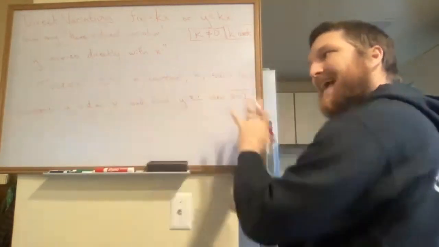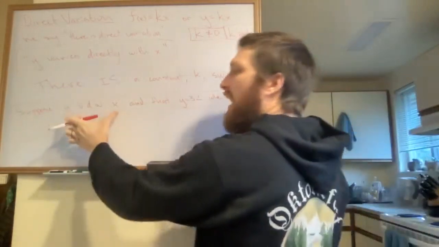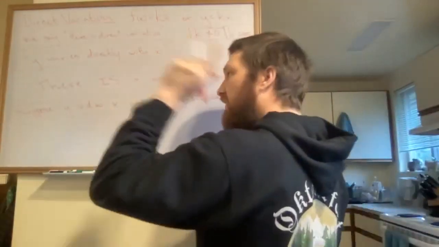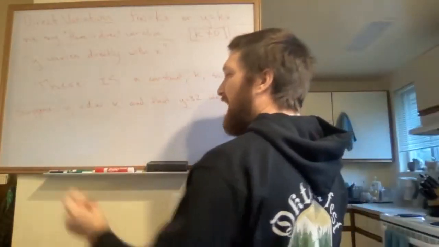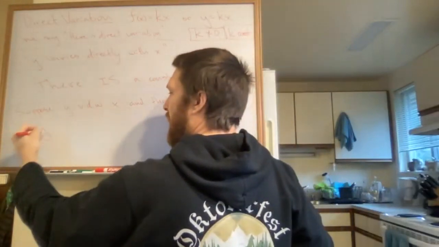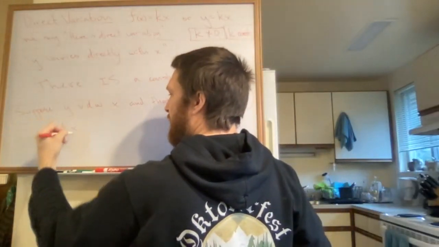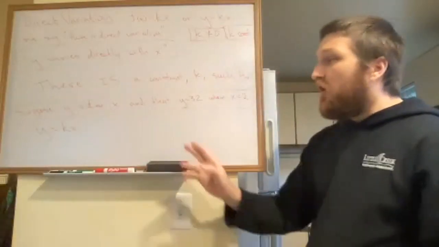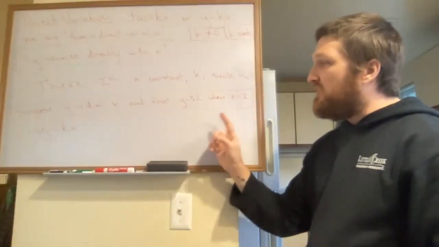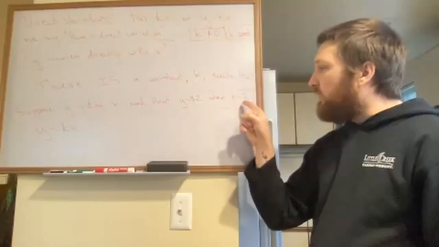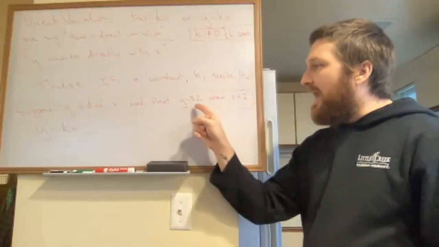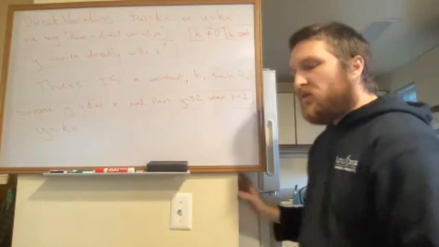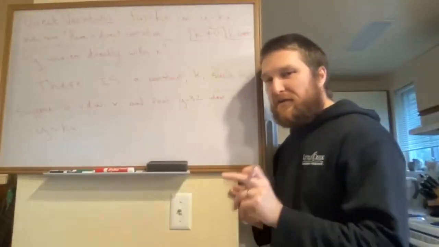Well, all this says is that y varies directly with x. Therefore, there is a constant k such that y equals kx. That's all that means. Now, they're also giving us a little bit more information. They're saying that when x is equal to 2, then y is equal to 32. So this should be very familiar.